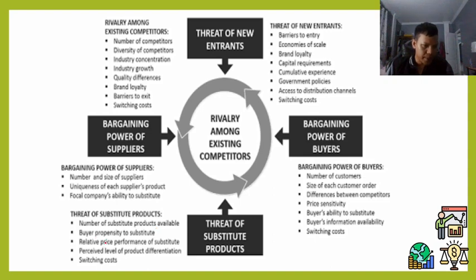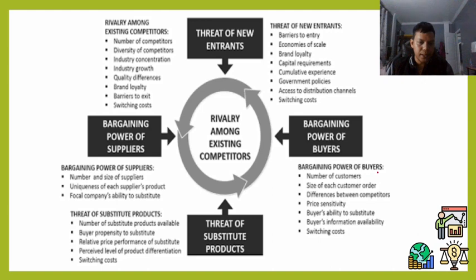Buyer propensity to substitute. Relative price performance of substitute. Perceived level of product differences and switching cost. Now, for the bargaining power of buyers: number of customers, size of each customer's orders, differences between competitors, price sensitivity, buyer's ability to substitute, buyer's information availability, and switching cost.